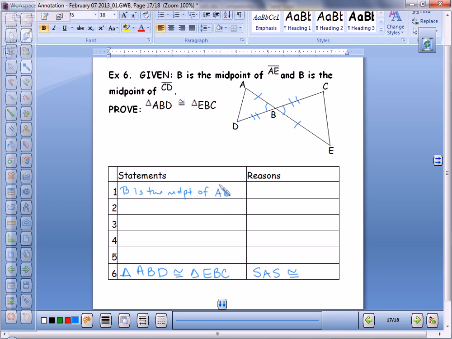And what does that tell us? AB is congruent to BE. Fabulous. Why? Good. Definition of midpoint.